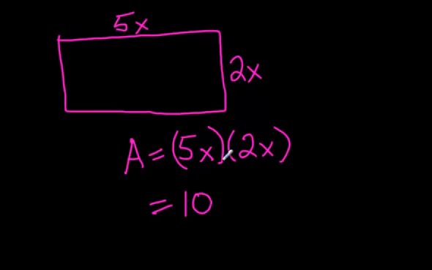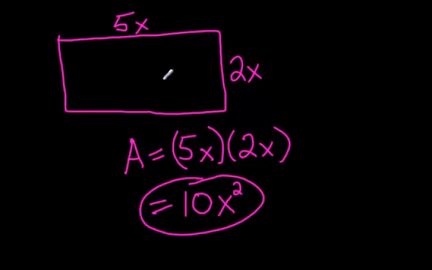And you already know from the other page that x times x is x squared. This is the area of this rectangle, 10x squared. By the way, notice it's two dimensions. Hopefully that helps you out.